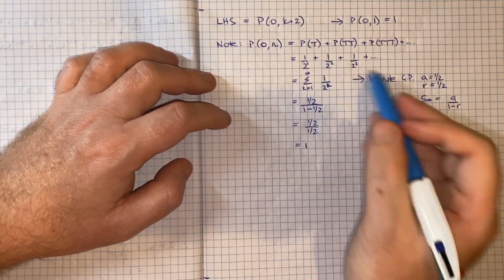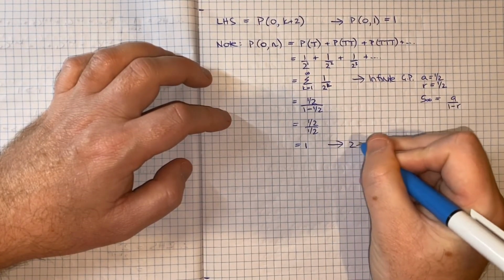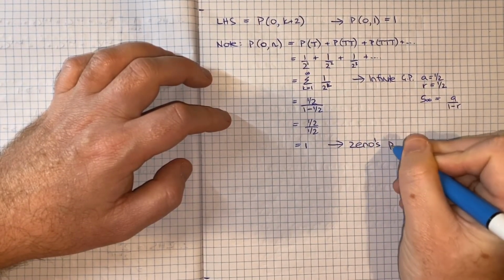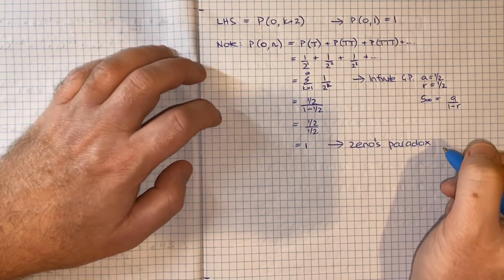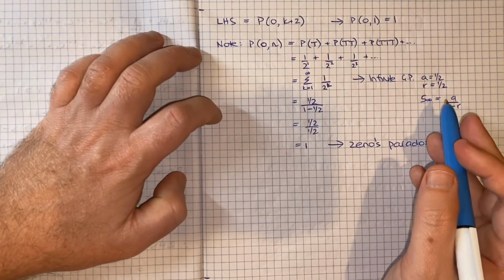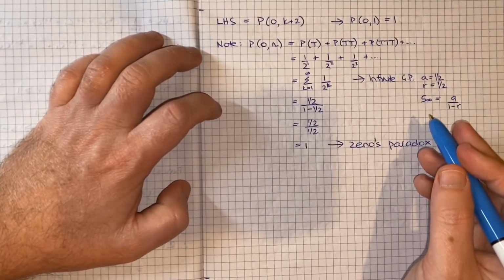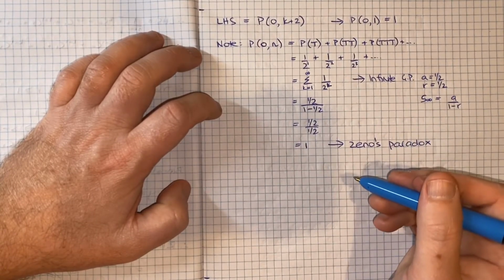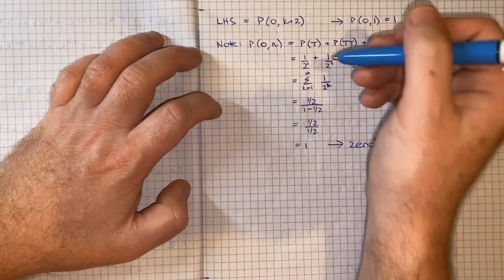And actually this is an example of something called Zeno's Paradox. I don't know if you've ever heard of it. I don't think you officially learn it in the syllabus in New South Wales, but there are a few ways you may have heard it described. What if a frog always jumps half its prior distance, where will it get to?